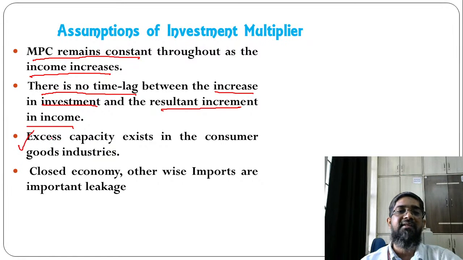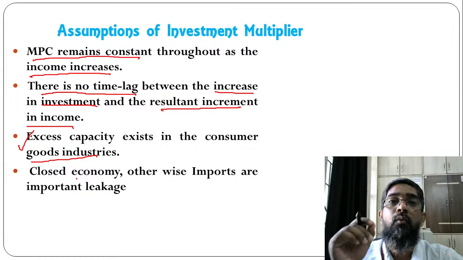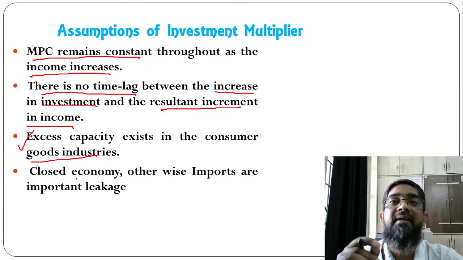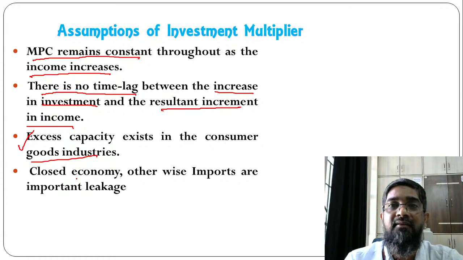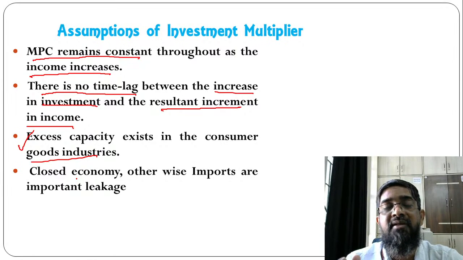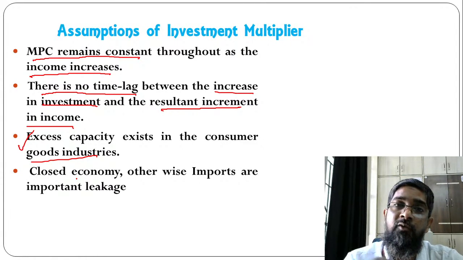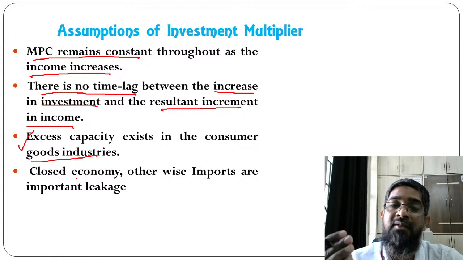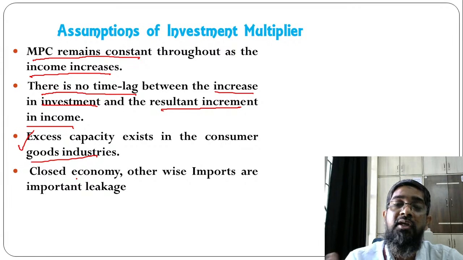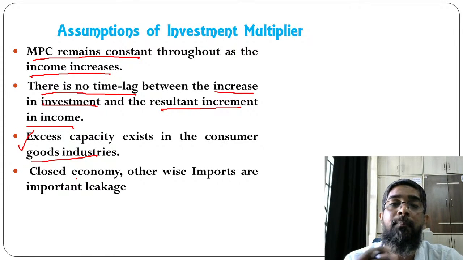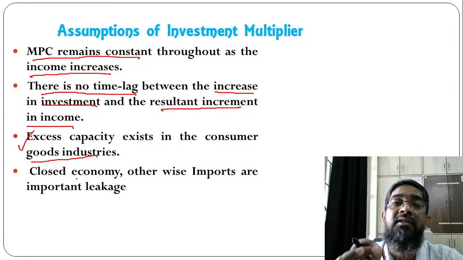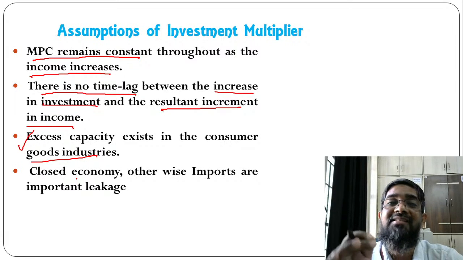Third important aspect is excess capacity exists in the consumer goods industry. Investment multiplier can work properly when there is excess capacity in consumer goods industry, right? That is the assumption taken by Keynes. If there is no excess capacity in consumption goods, with the increase in investment resulting into increase in income and further demand for consumer goods, if this demand is not supplied, and there is no excess capacity, that increased income will lead to increase in price level only.